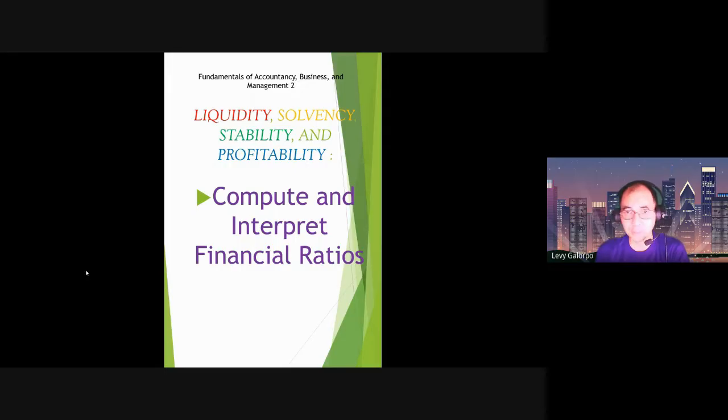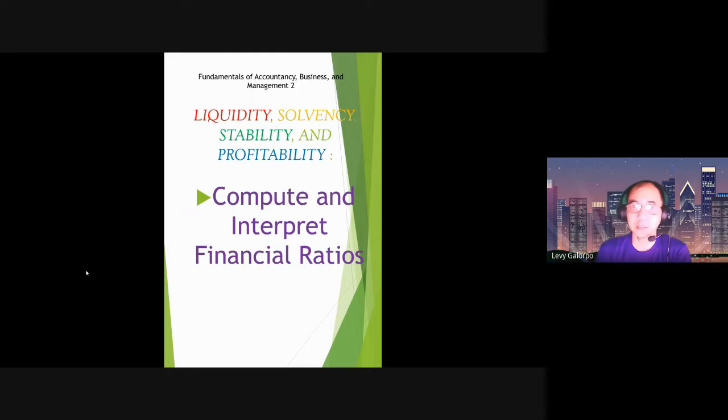Hindi lang ganun ang magiging function ng financial statement. Sabi nga natin, these are the language of business, accountancy. So, hindi natatapos doon ang gawain ng accounting, lalo pagdating sa financial statement.